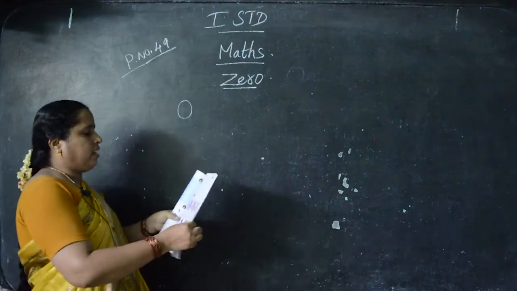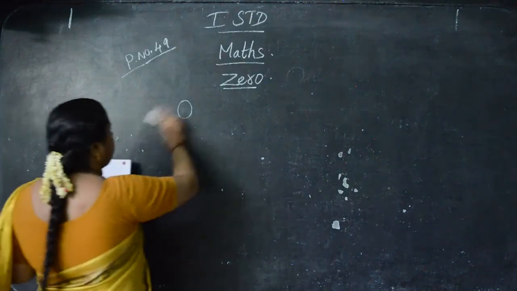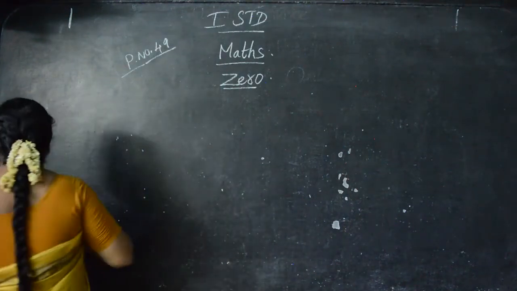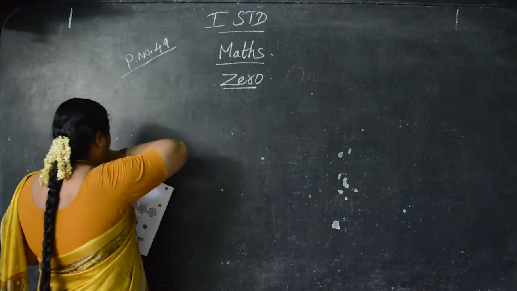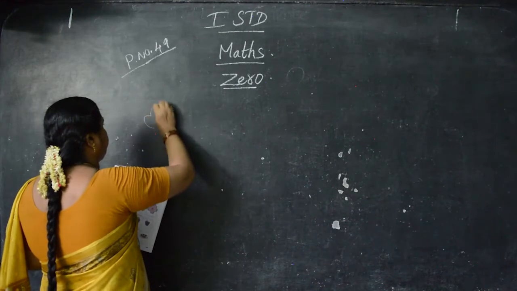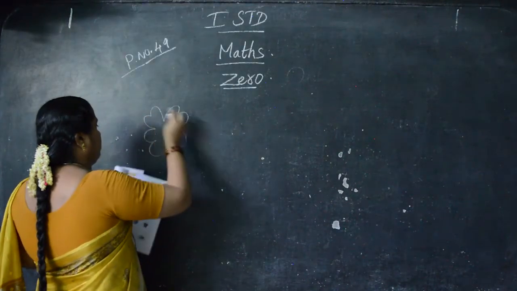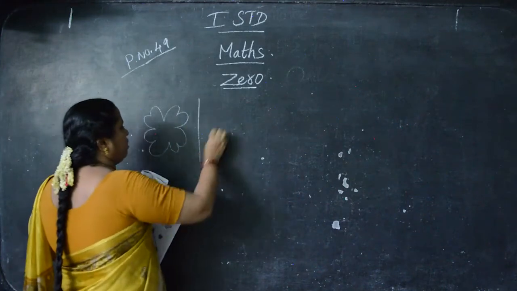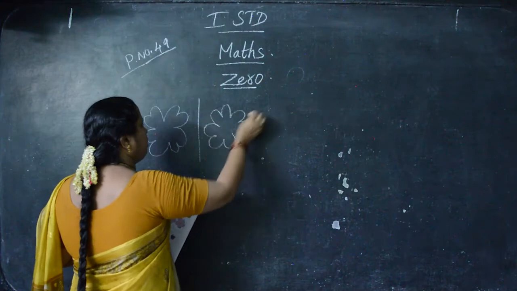Okay. Next, count and write the number of butterflies. Here you have to count the butterflies and write it in that box. Here see. This is 1 flower. This is another flower.